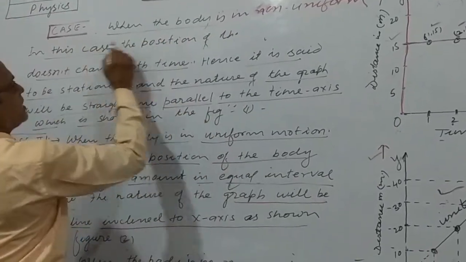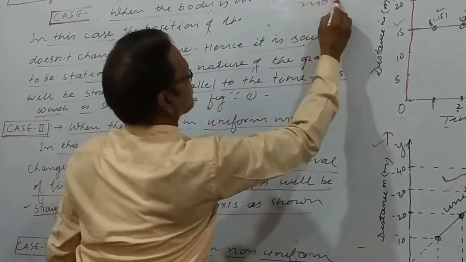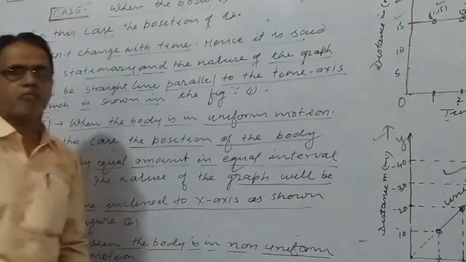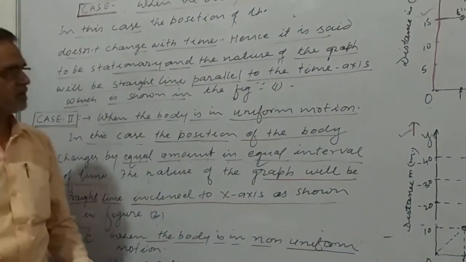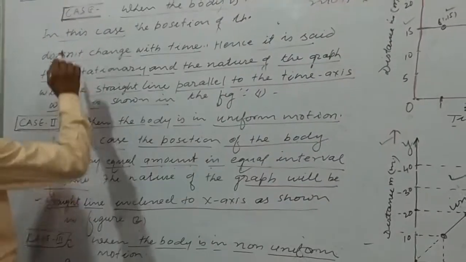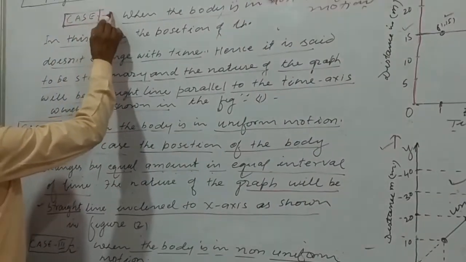When the body is in non-uniform motion में है, तब nature of the graph क्या होगा? Let us see this third case.